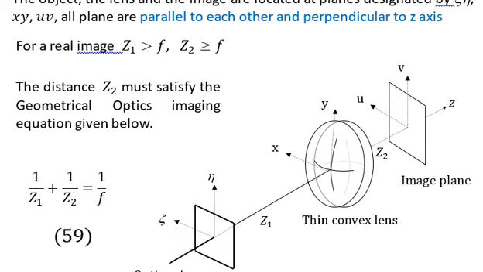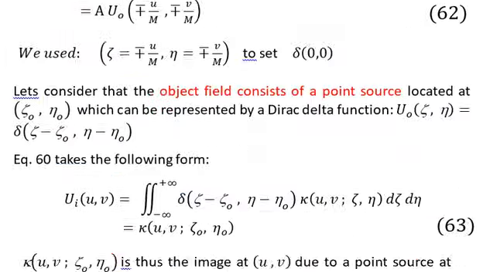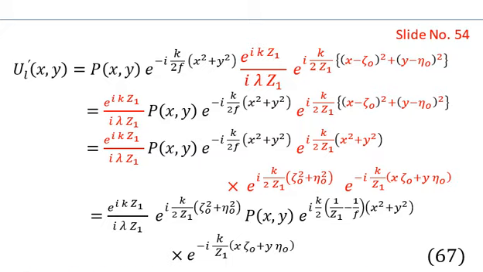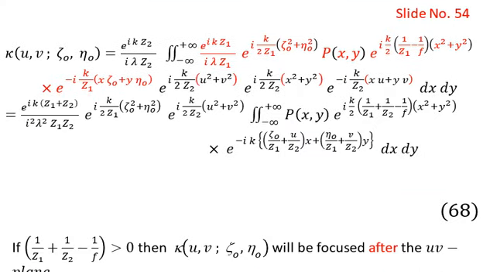Then you know that we want this field ul prime to travel a distance z2 to reach the image plane where the field we have assumed is kappa. So we have to apply the Fresnel diffraction formula for the region where the distance z2 has been defined. So applying that one, that is the Fresnel diffraction formula.